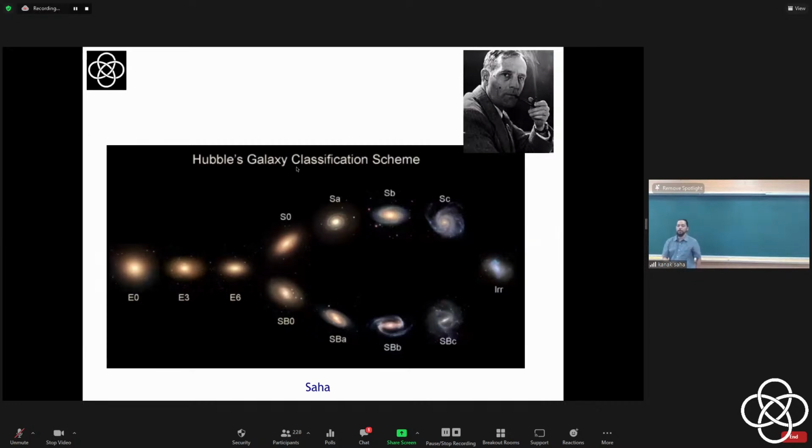So if you, for example, look at this galaxy, this is the bar spiral, SB, then SA means, so you can see the SBa, SBb, SBc. C means the arms, the spiral arms, are wide open. Okay.